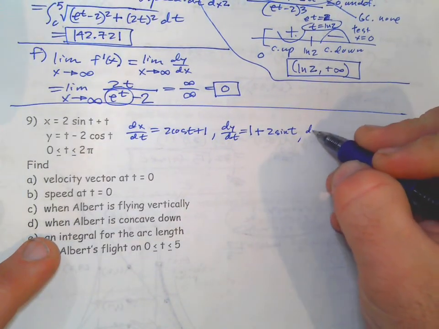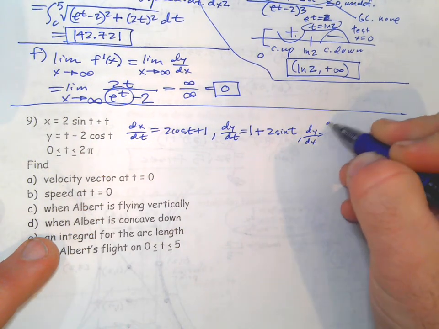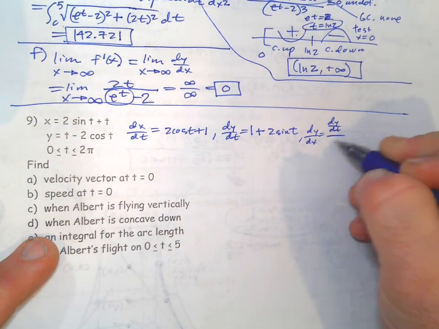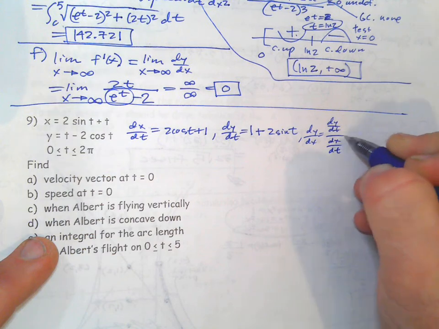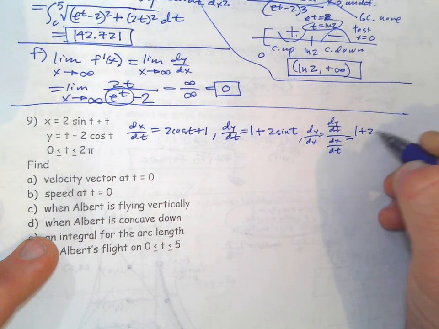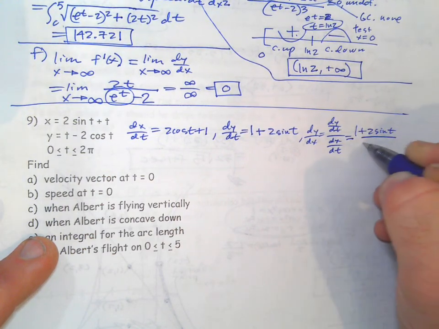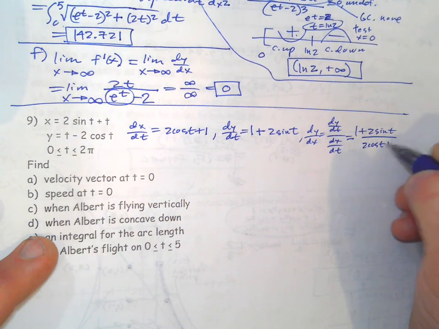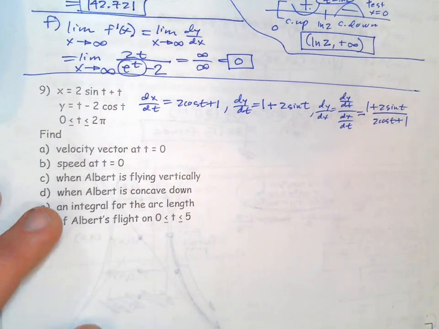Okay, so dy dx, which is dy dt over dx dt, is going to be 1 plus 2 sine t over 2 cosine t plus 1. So I'm just getting all that done ready up front.